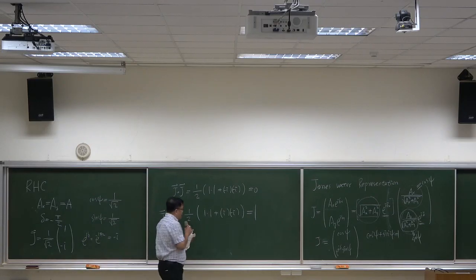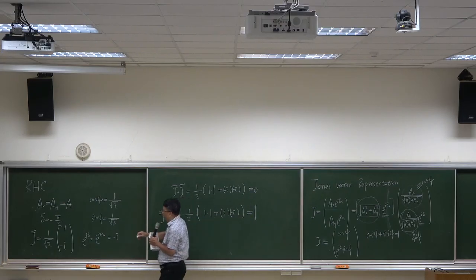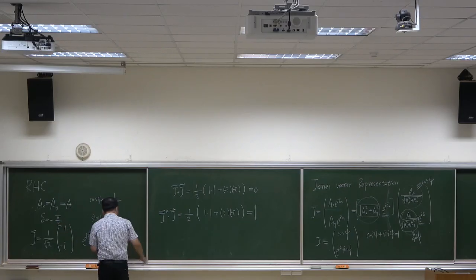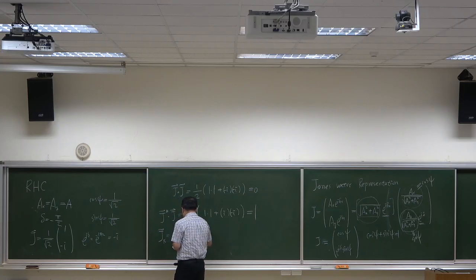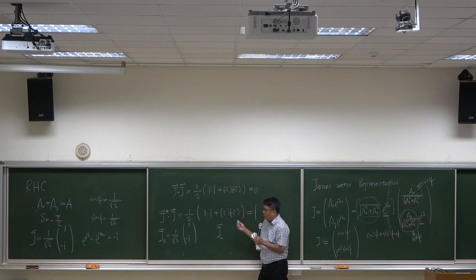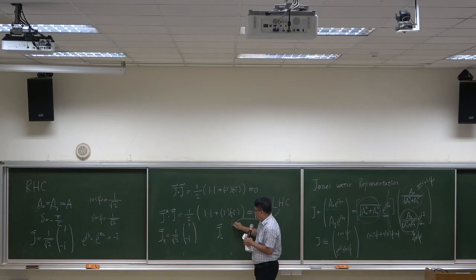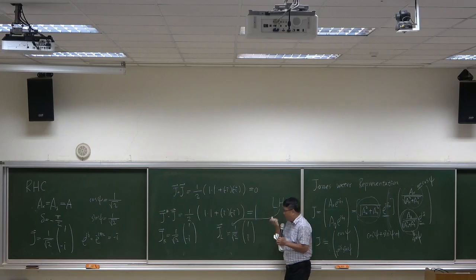So we already know right-hand circularly polarized light can be represented by this J vector. I write this as J_R. And how about J_L? J_L means left-hand circularly polarized light, which can be represented as 1 over square root 2 times (1, i).